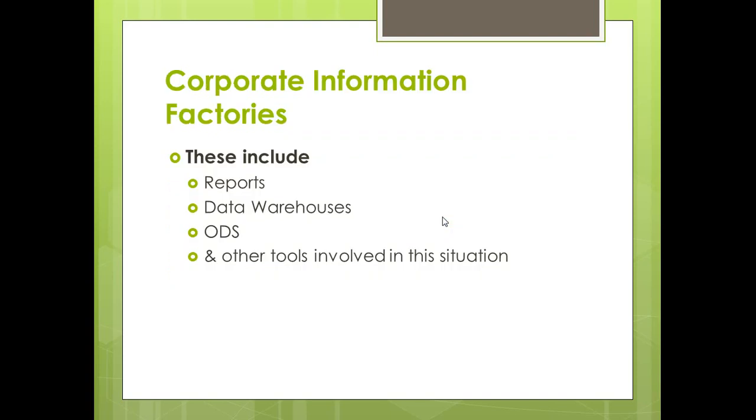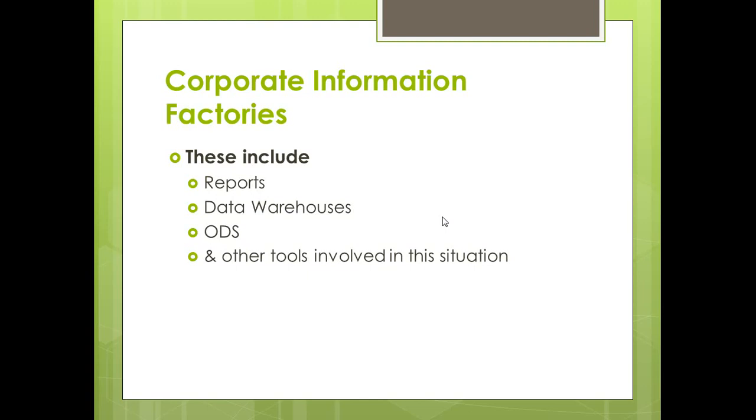Another term you might hear is a corporate information factory. What this is basically is everything encompassing the data warehouse, including the tools used to process the information from the data warehouses, the operational data stores, which are basically smaller versions of data warehouses that only contain some of the information of data warehouses, and other tools that are involved with dealing with the data warehouse.